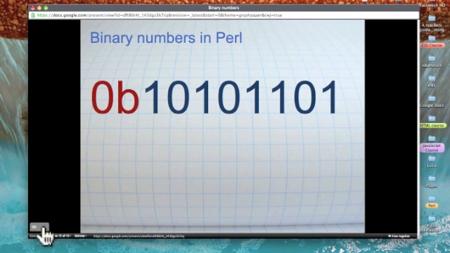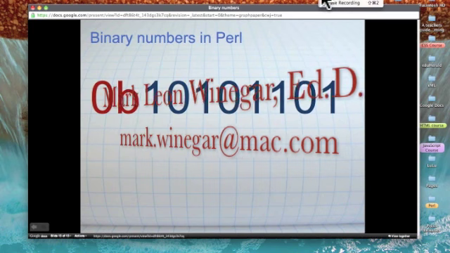That would tell Perl this is a binary number, and it would recognize that it's the same thing as a decimal 163. And that, my friends, is all there is to it.